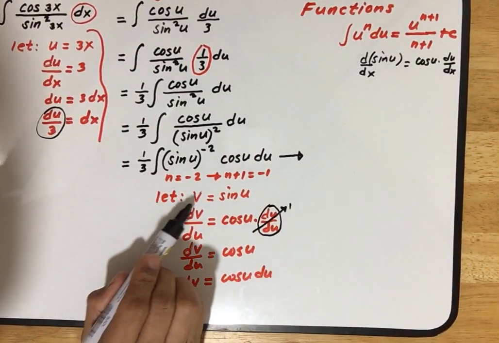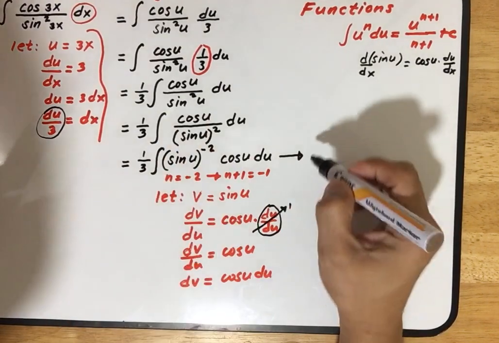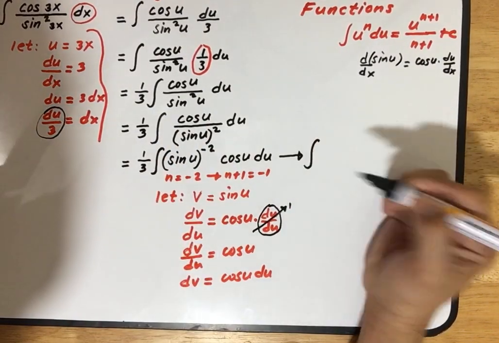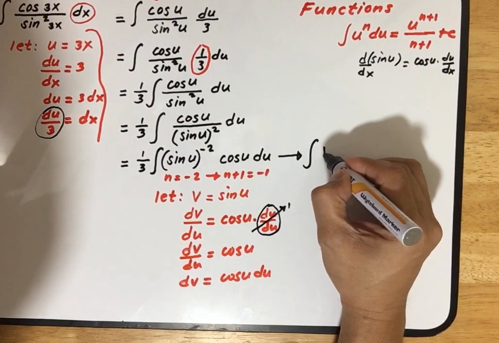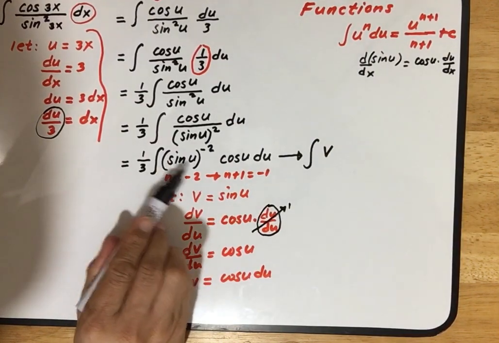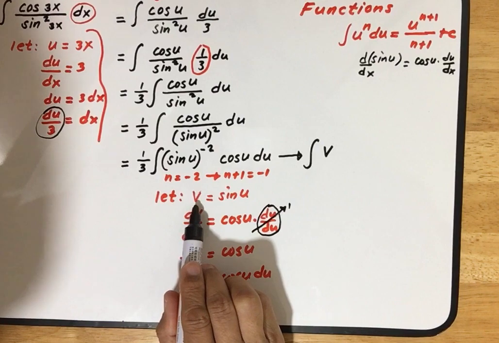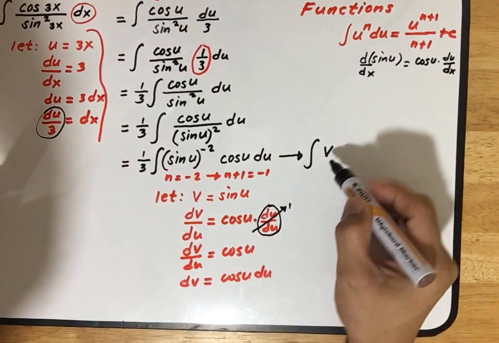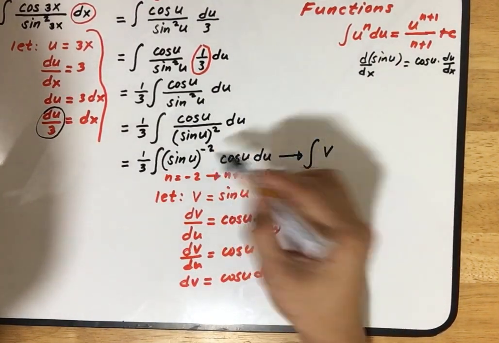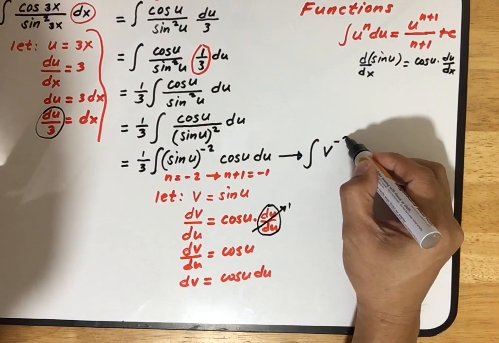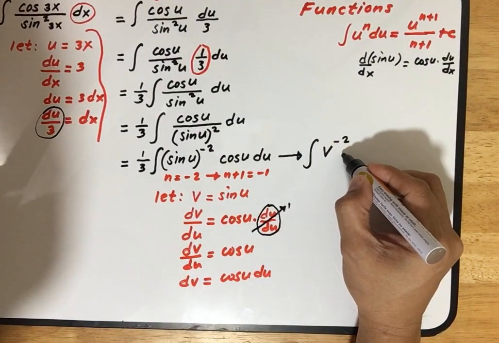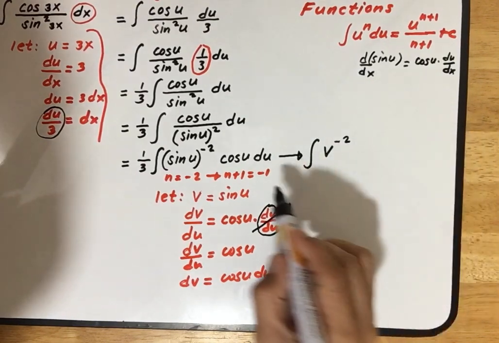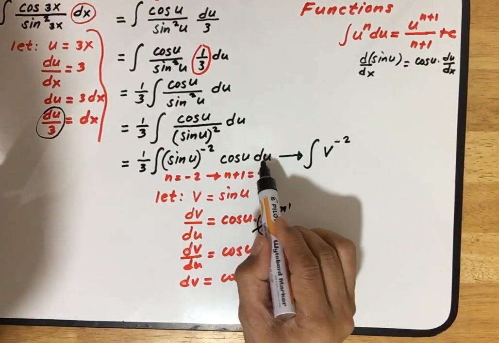From here, since we let v equal to sine u, we can rewrite this as the integral of v raised to a power minus 2, then times cosine u du.